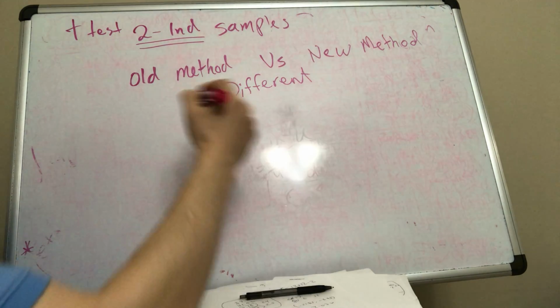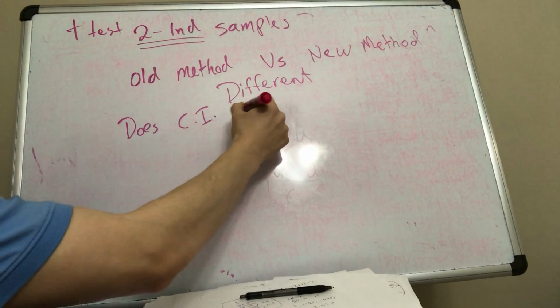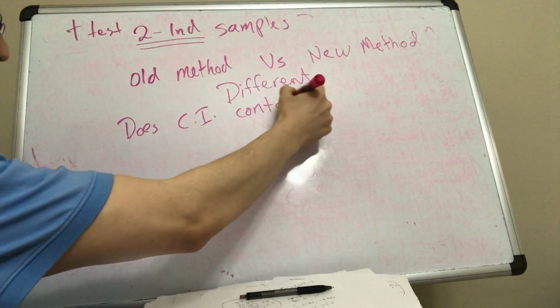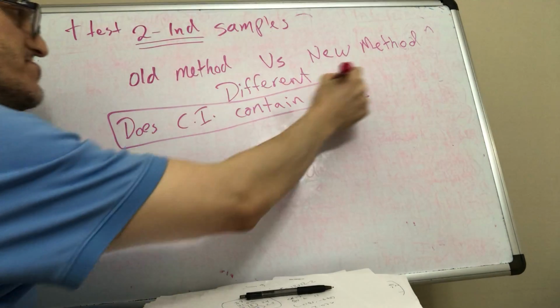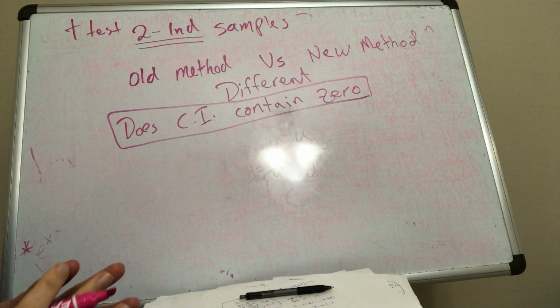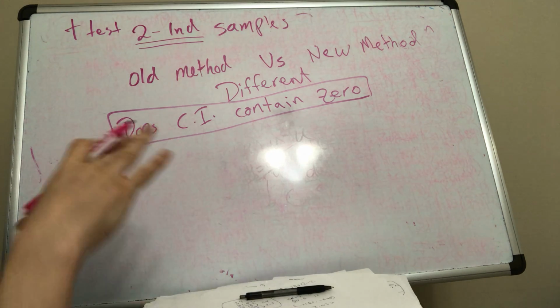And the question: does the confidence interval contain the number 0? This is just a basic idea of containing 0, not containing 0. I'll tell you how this is done.